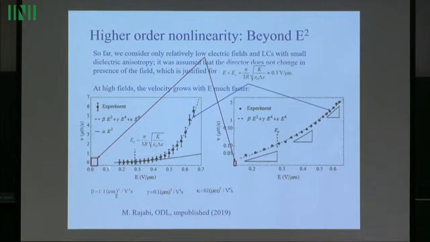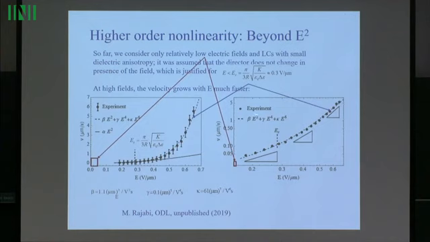But if you now apply much stronger fields, then instead of the quadratic dependence that is expected, you have a much, much stronger response in the velocity versus E. You have something that can be satisfactorily described by higher order nonlinearities going beyond E squared.